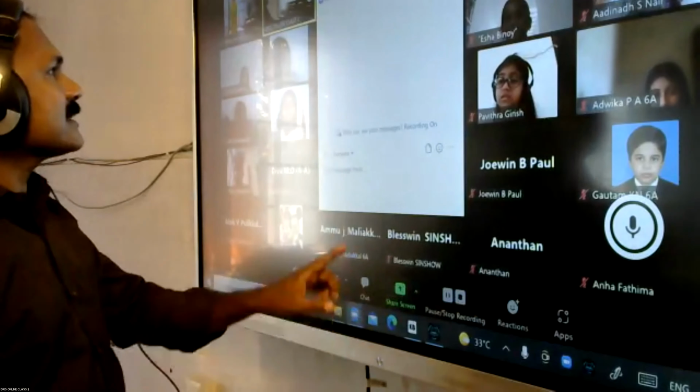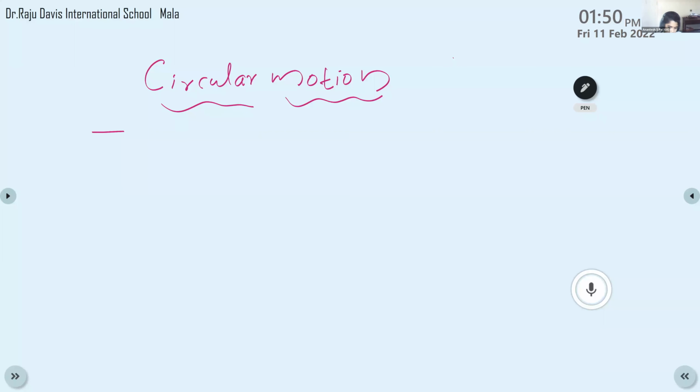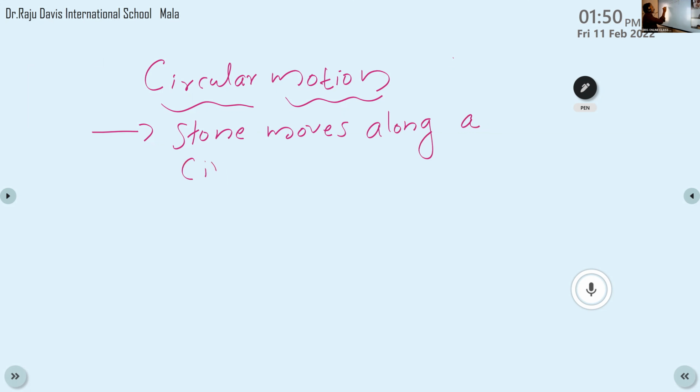The stone moves along a circular path, right? Yes, ma'am. The stone moves along a circular path.